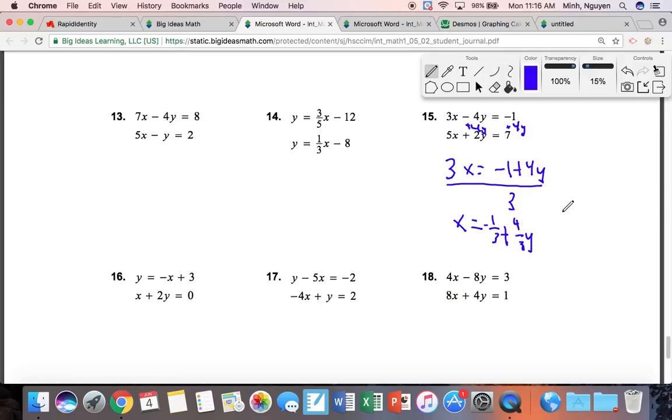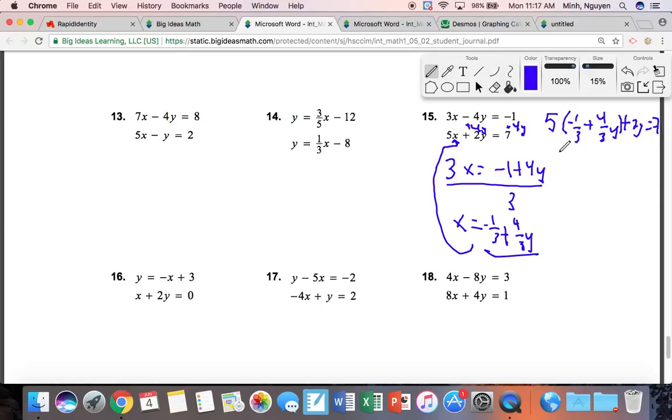Again, these are fractions. If you're not good at them, you just got to practice. 5 times negative 1/3. So I found x, and now I can go into the second equation and substitute for x. Negative 1/3 plus 4/3 y plus 2y equals 7.